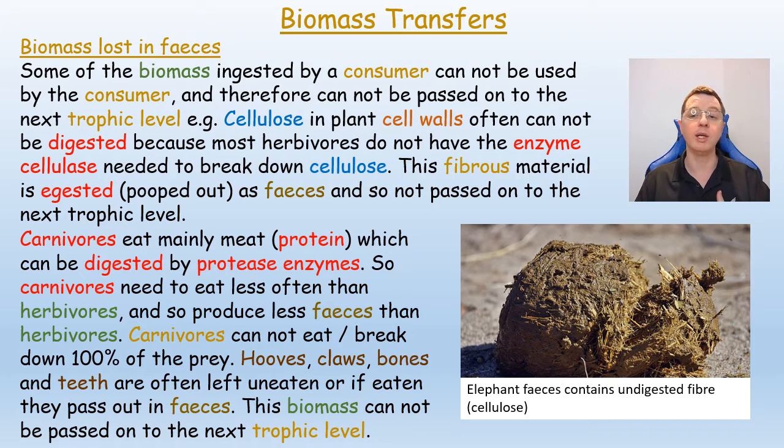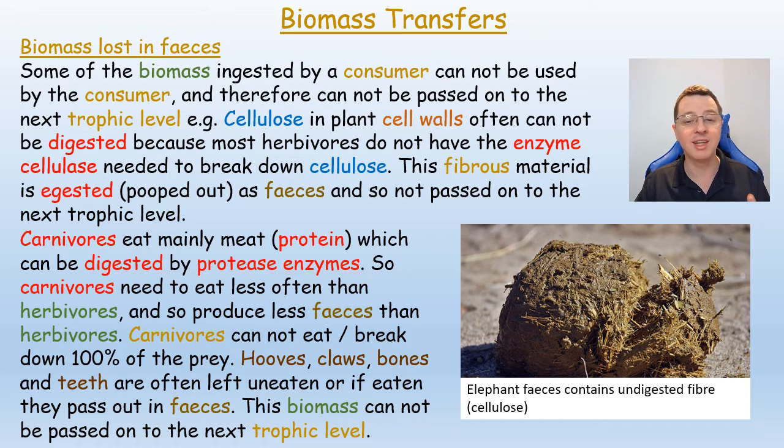And that's because we animals often lack the enzyme cellulase needed to break down that cellulose. So the fibrous material is passed out as feces and so not passed on to the next trophic level. Carnivores will mainly eat meat or protein, which can be digested by protease enzymes. So carnivores need to eat less often than a herbivore and so produce less feces than the herbivore.